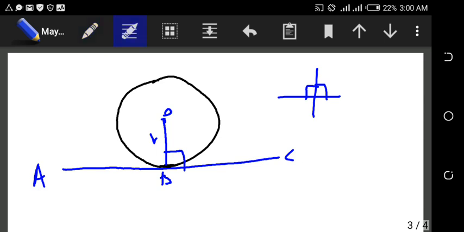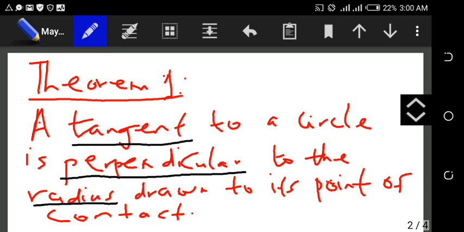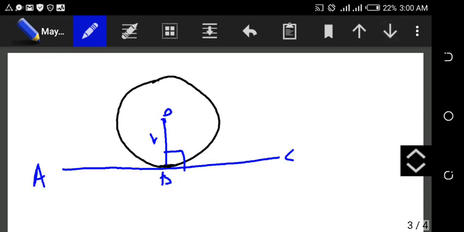That is what we can make out of this theorem, that a tangent to a circle is perpendicular to the radius drawn to its point of contact. So we have a tangent ABC and we have a radius R. At the point of contact, which happens to be here, they are perpendicular, and that means that an angle of 90 degrees is formed there. That is what the theorem is saying.